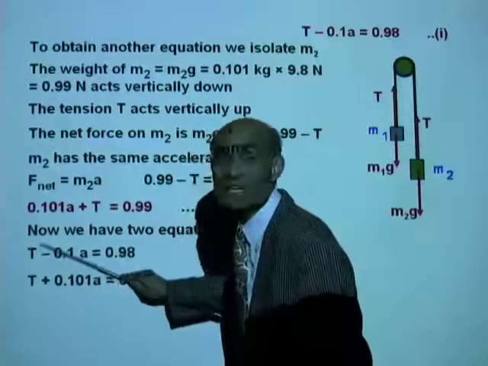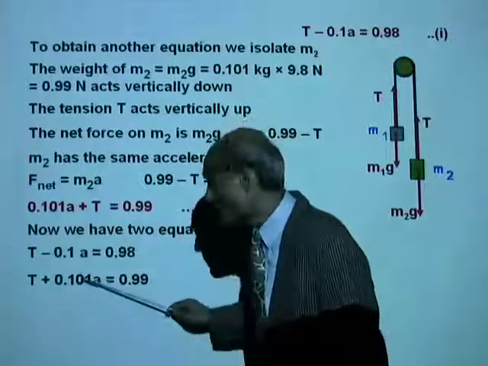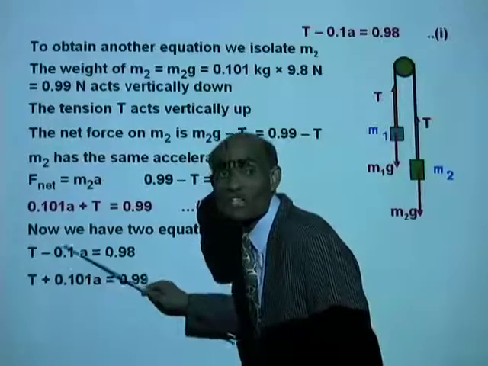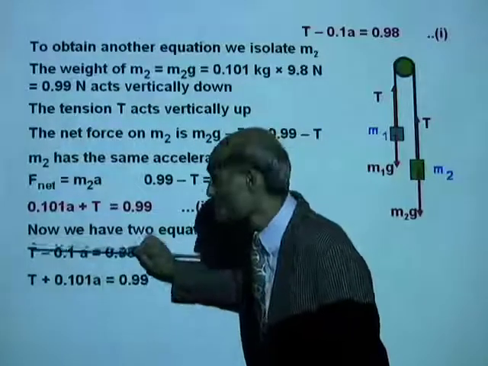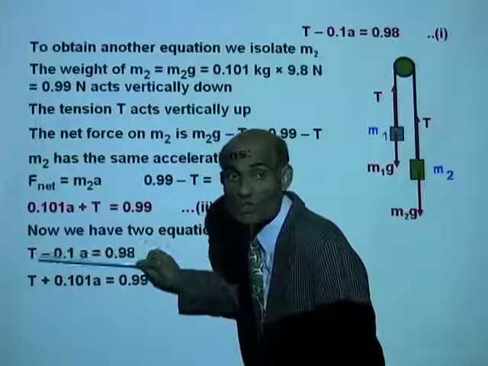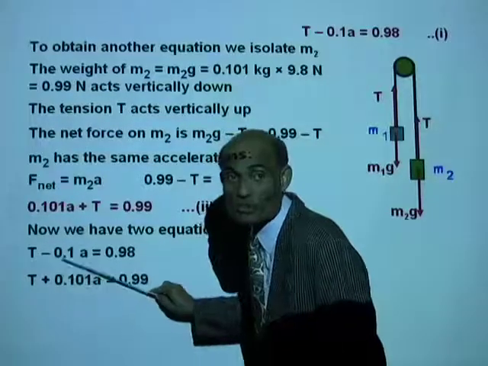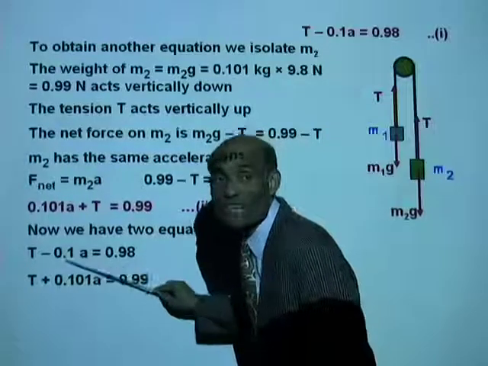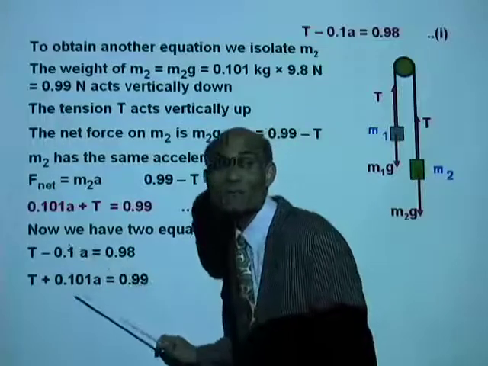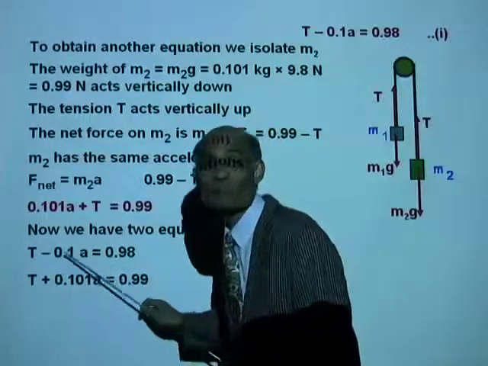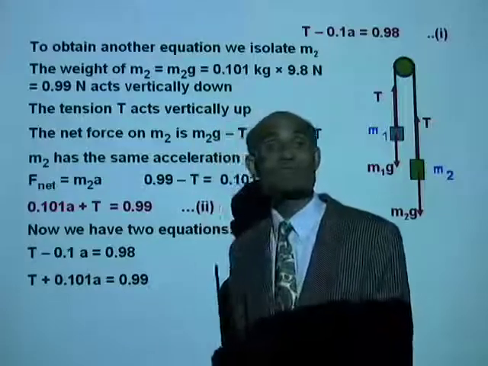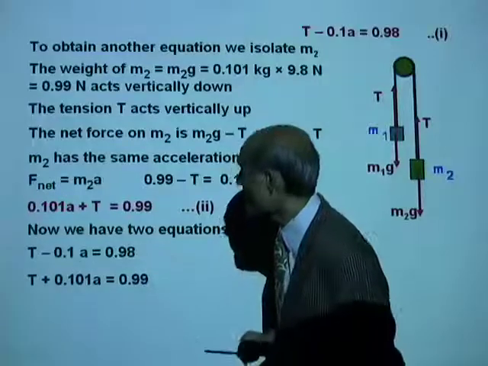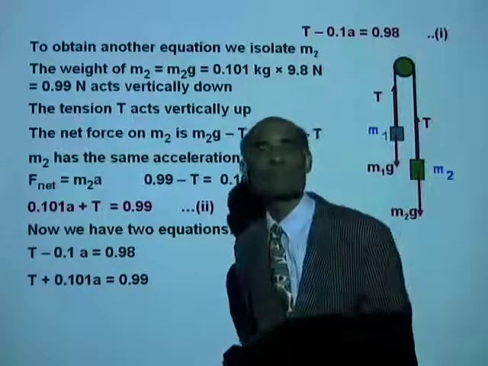T minus T will be 0. Now, 0.101A minus negative 0.1A. You notice that I'm subtracting the top equation from the bottom. So, 0.101A minus negative 0.1A becomes 0.101A plus 0.1A. And that will be 0.2A equal to 0.99 minus 0.98 is 0.01.